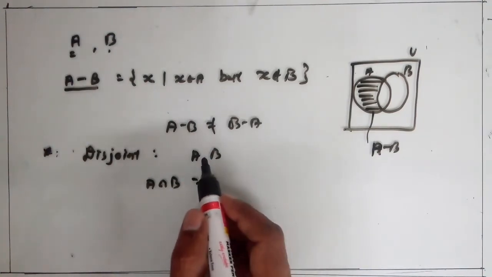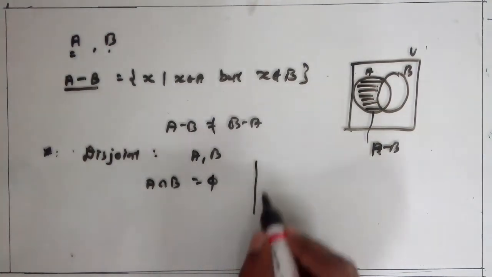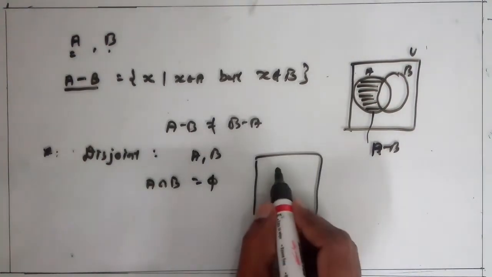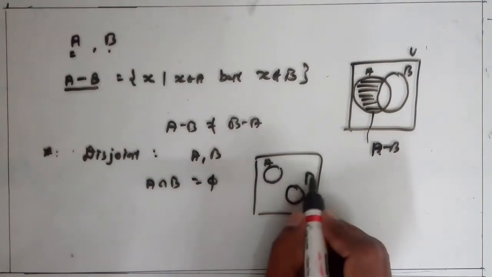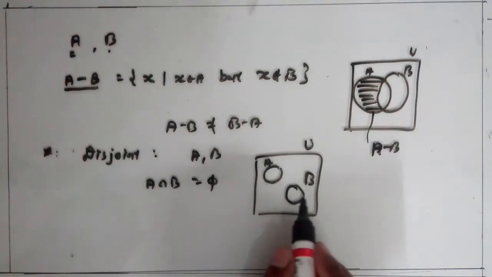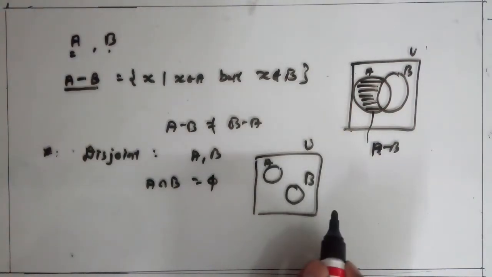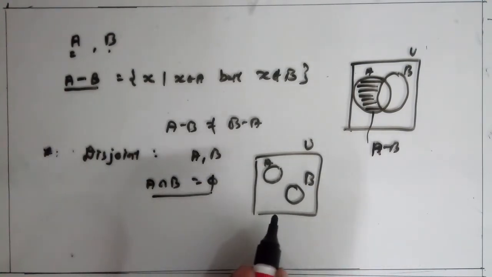That means there is no common element between A and B. And by Venn diagram, remember this, set A and set B. These two sets have no common element. So these two sets are said to be disjoint sets. Clear? That means the intersection of these two becomes the null set.